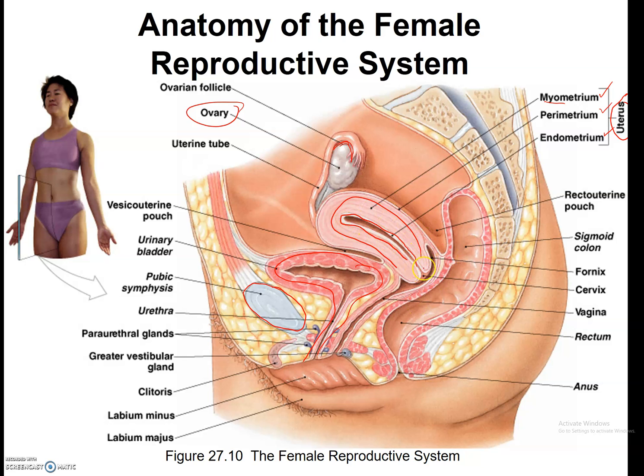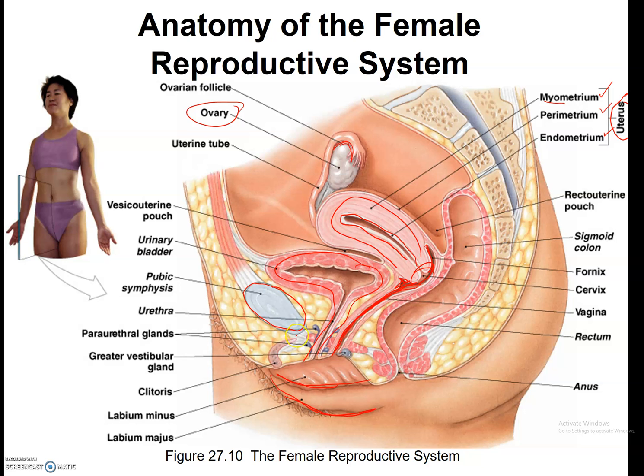The uterus itself consists of the external portion, which is the fornix, or kind of the, I guess you'd say pointy part. The cervix is the opening of the uterus, and then the vagina is the region where the penis enters for fertilization. The vagina ends with the labium minoris, which is the interior lip of the labia, and then the labium majoris, which is the external lip of the vagina.